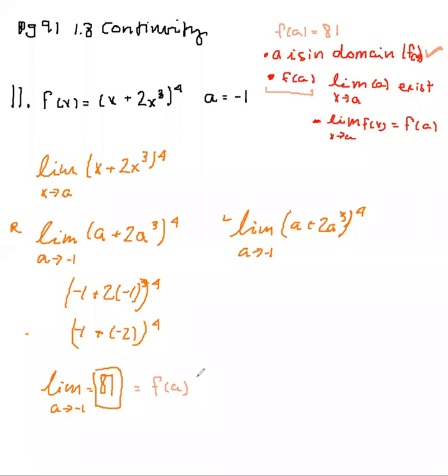Okay. Let's do another one of these. Let's do number 13. So here we're going to have p of b is equal to 2 root 3b squared plus 1, and a is equal to 1.